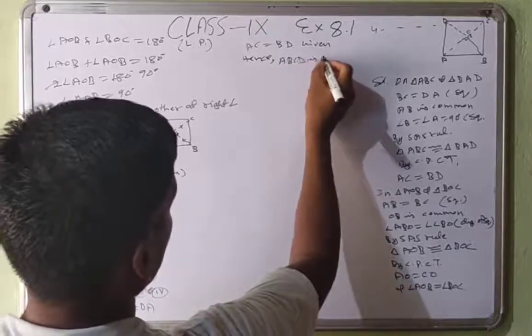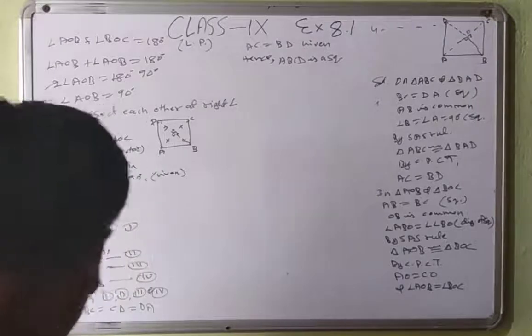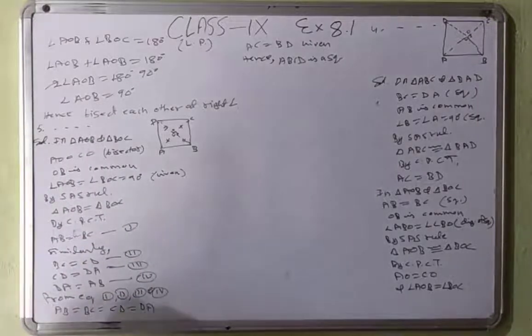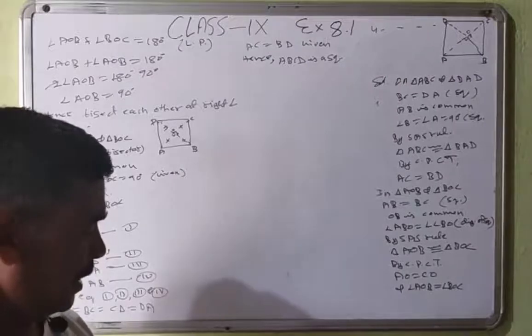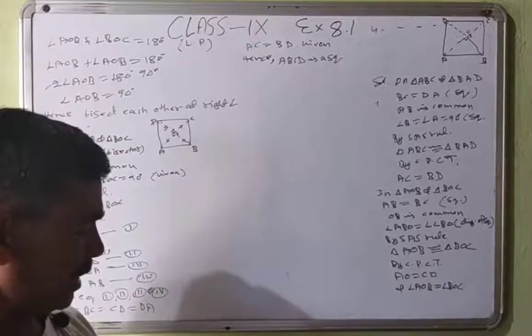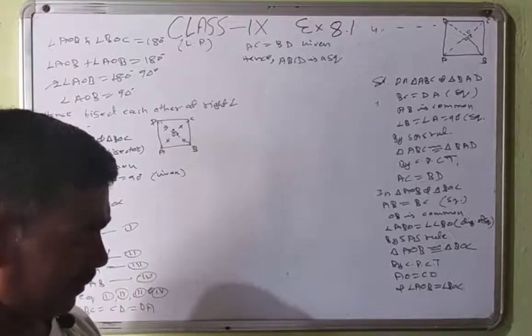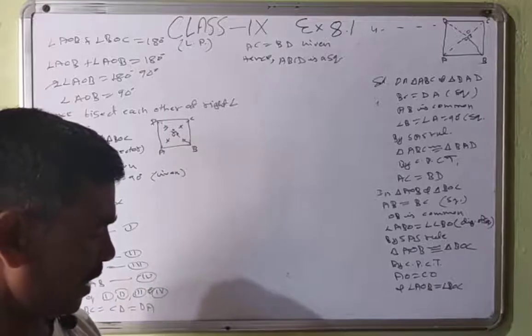ABCD is a square. And then question number 6: diagonal AC of a parallelogram ABCD bisects angle A, the figure is given there. So prove that AC bisects angle C, and second part, ABCD is a rhombus.